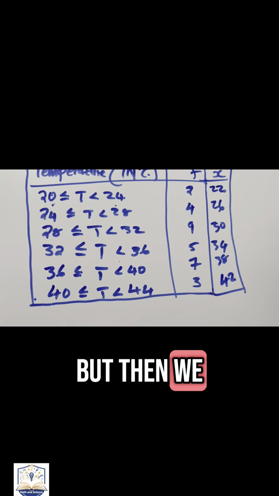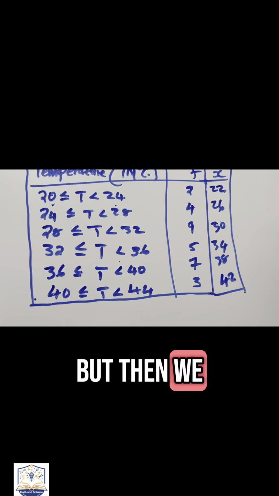We must get another column where we multiply the frequency and the midpoint. 2 times 22 is 44. 4 multiplied by 26 is 104. 9 multiplied by 30 is 270. 5 multiplied by 34 is 170. 38 multiplied by 7 is 266. And the last one is 3 multiplied by 42, which is 126.